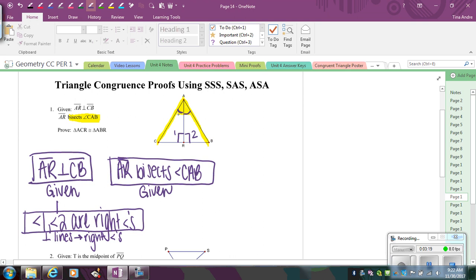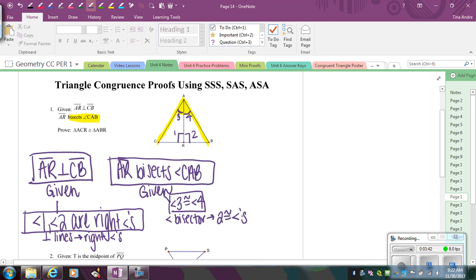Again, you can use 3 letters, or you can just put numbers in there. It's probably easier just to use numbers. So from that given, I can conclude that angle 3 must be congruent to angle 4, because an angle bisector implies 2 congruent angles.